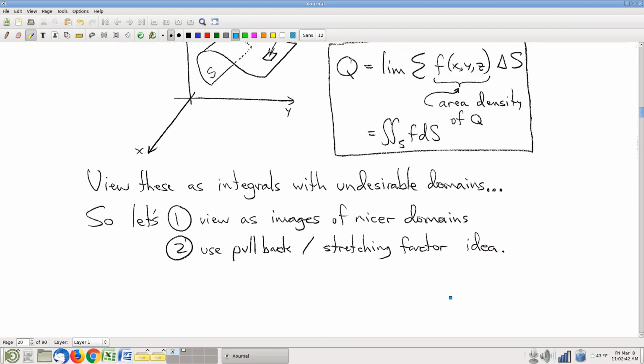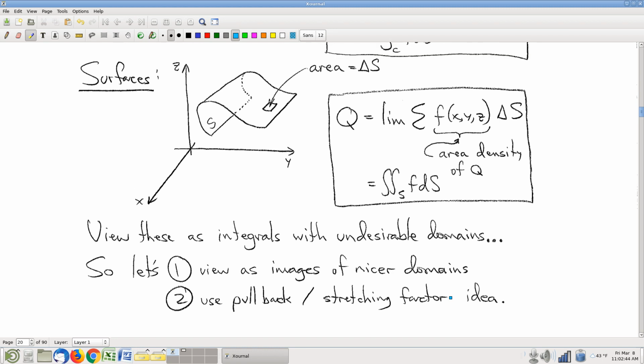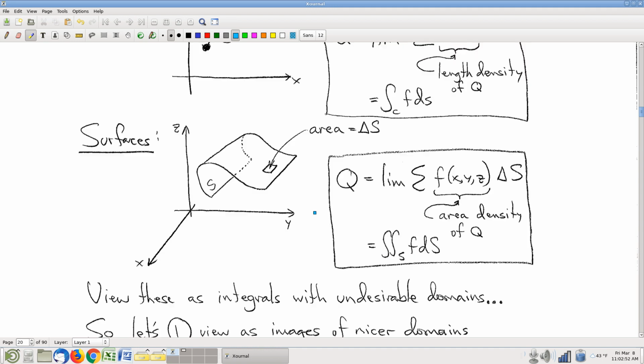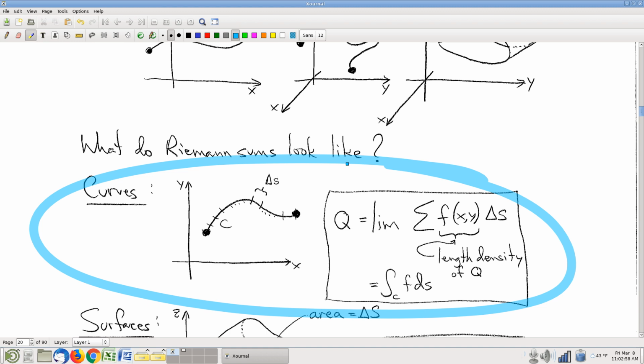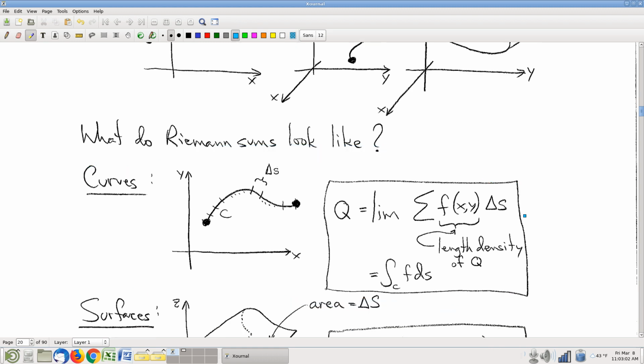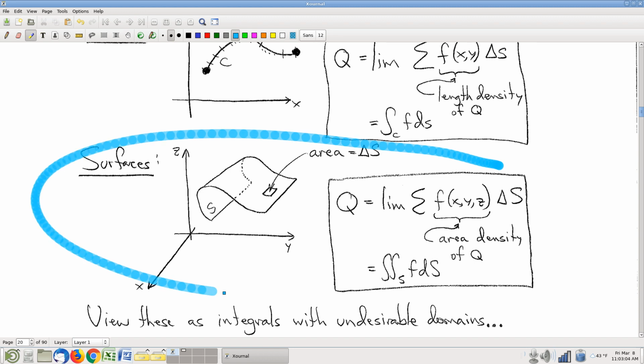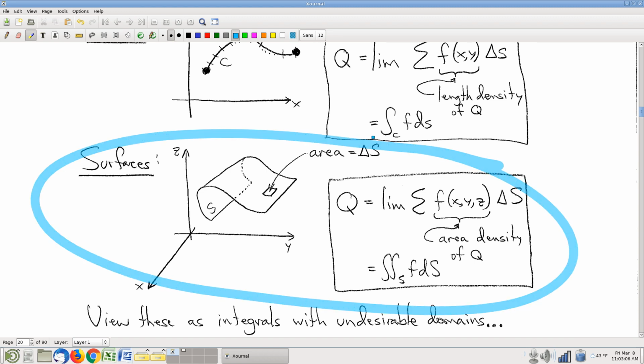Quick observation. The book makes some choices about how to order these topics. You may be expecting, very reasonably, that we would do this first for curves, and then after we've dealt with curves, move on to surfaces. That would be a very reasonable thought.